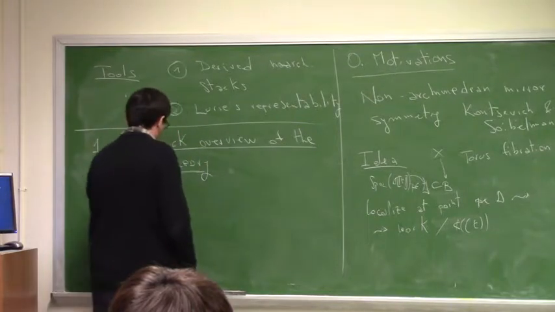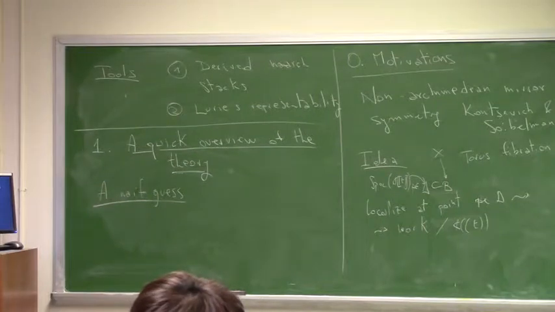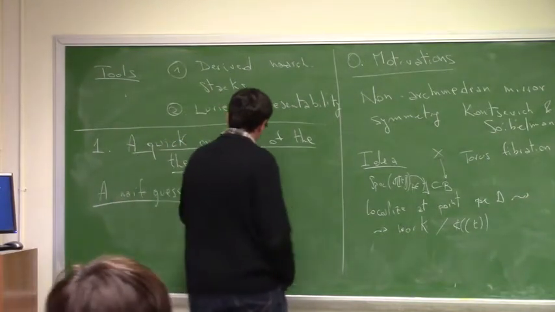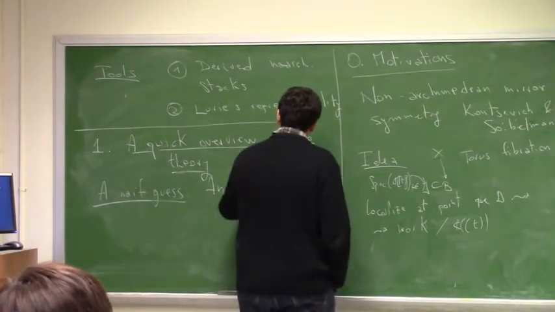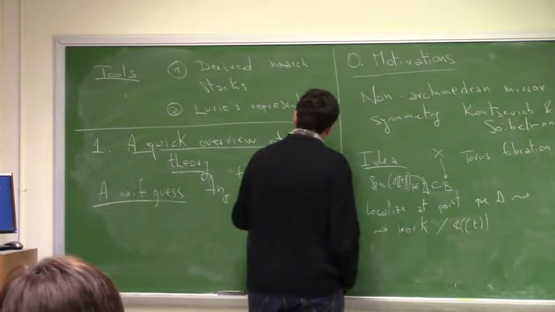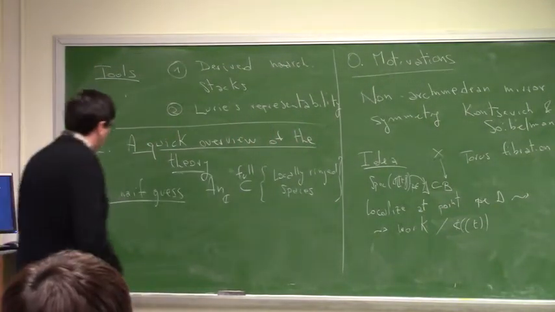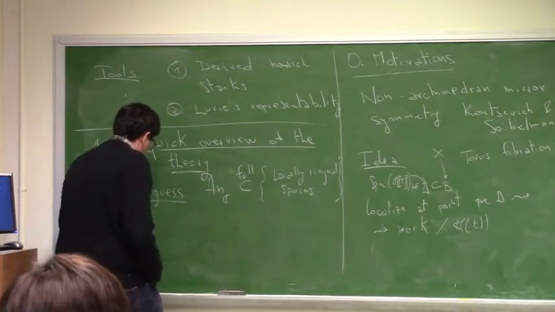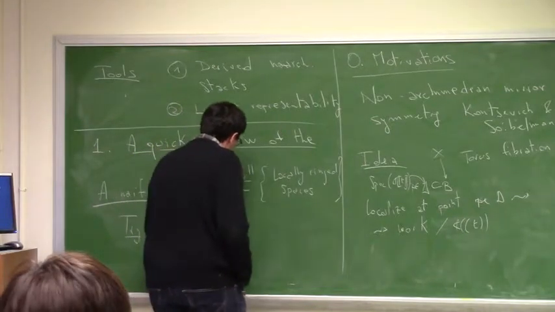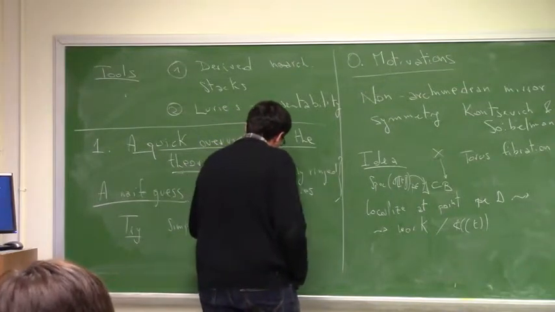As you know, in the complex analytic situation, complex analytic spaces are just a full subcategory of locally ringed spaces. So a reasonable guess would be to try to work with simplicial ringed spaces.